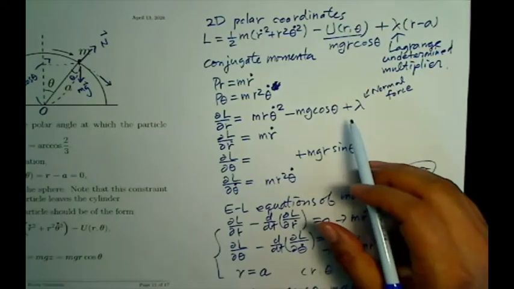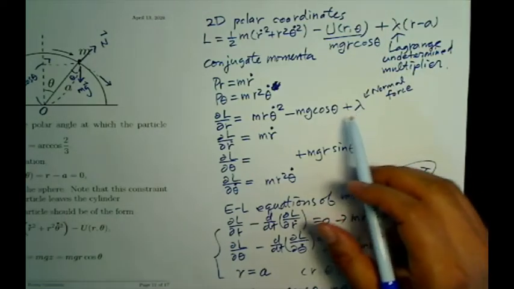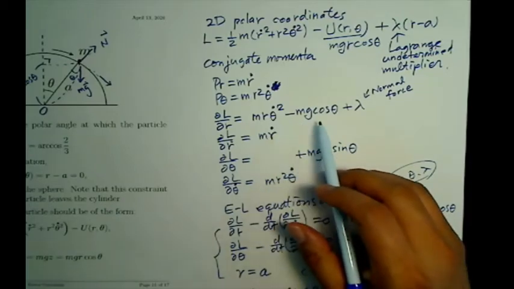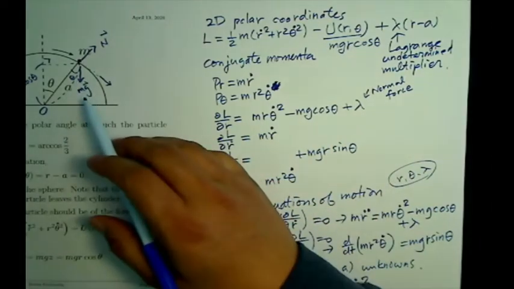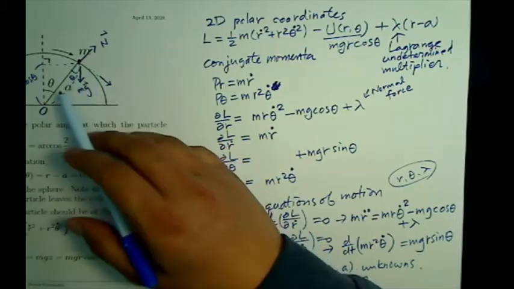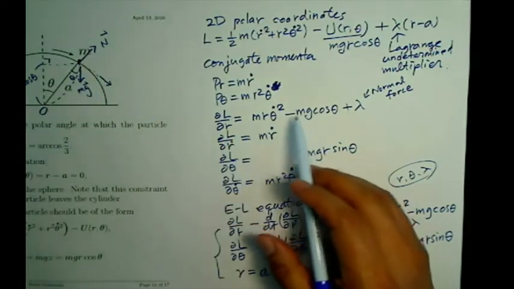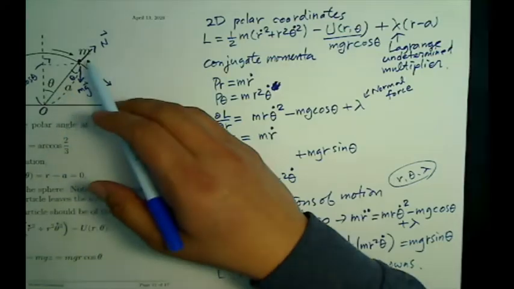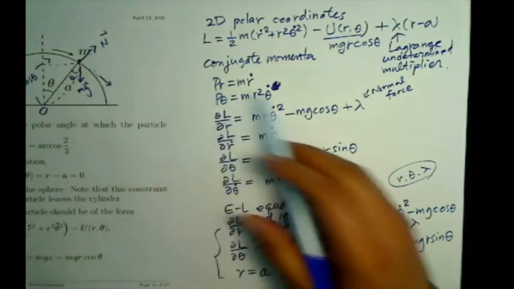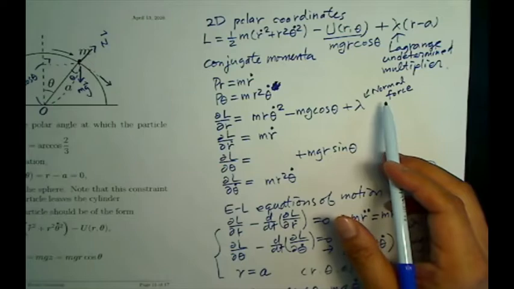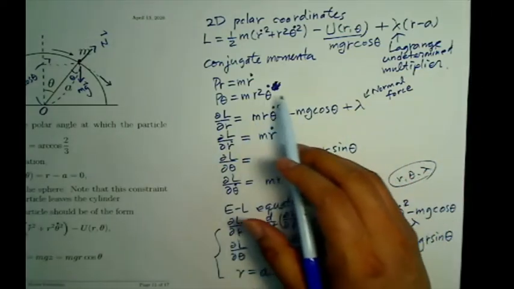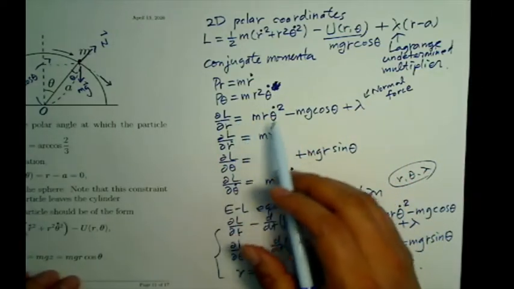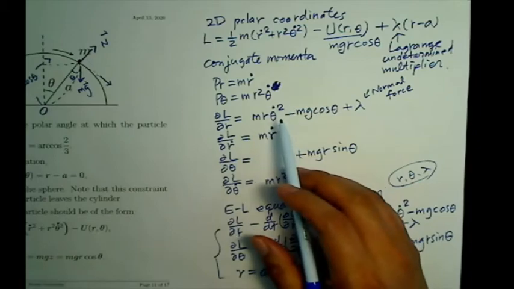This is just one, so lambda is here. You know, this mg is downward, mg cosine theta is the radial component, and the minus sign means it is in the negative direction. But the normal force is along this direction, so this lambda represents the normal force. And m r omega squared, this is the centrifugal force, that is a fictitious force depending on the curvilinear system.